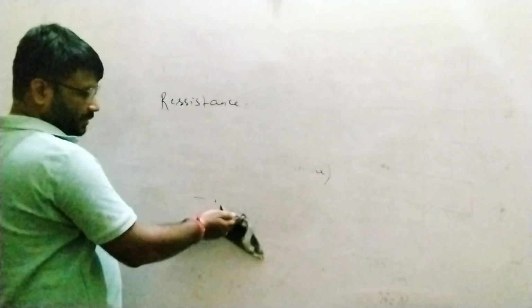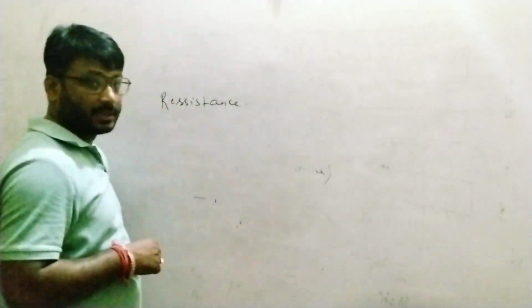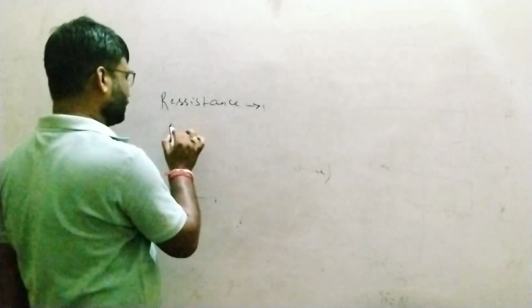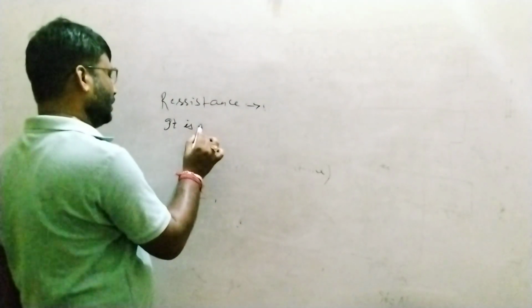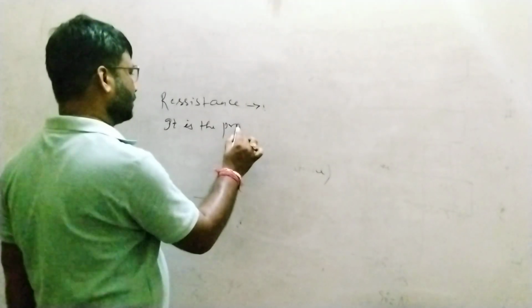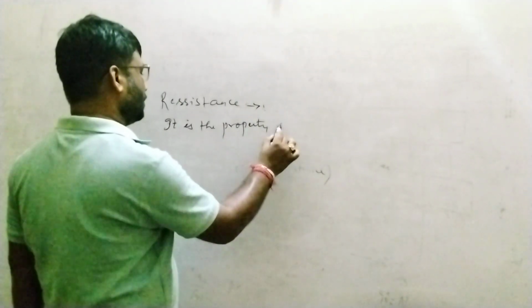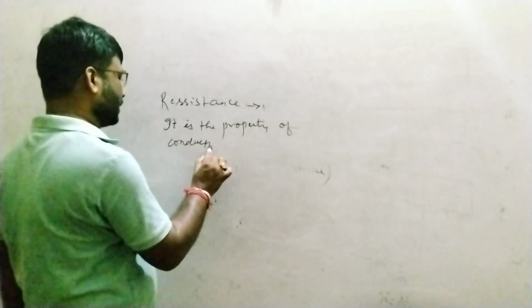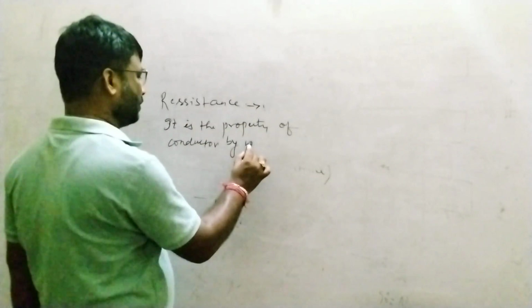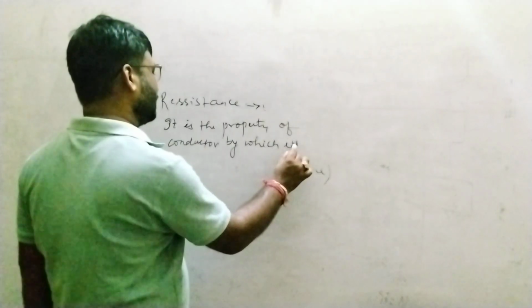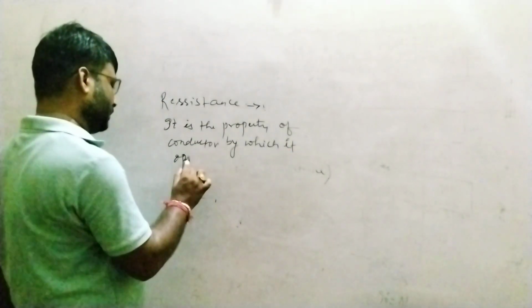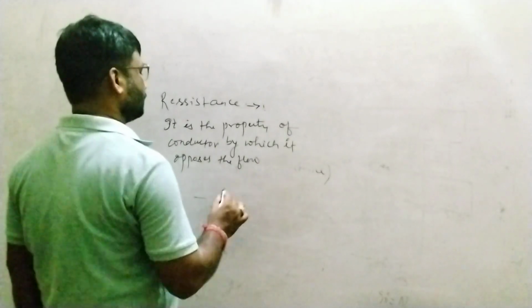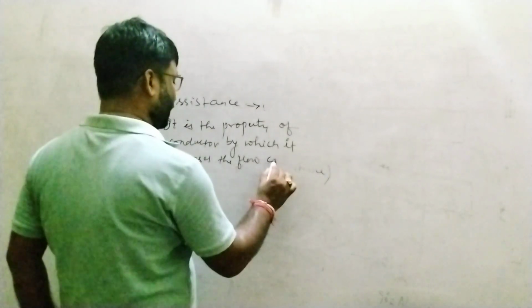If we talk about resistance, resistance is the property of a conductor by which it opposes the flow of current.